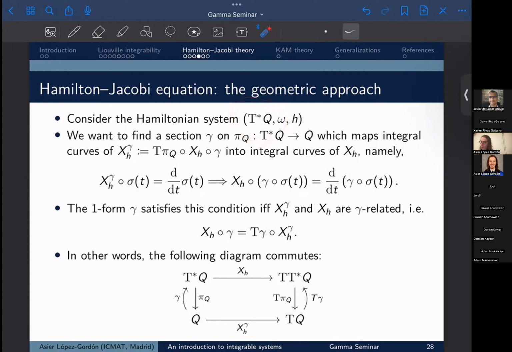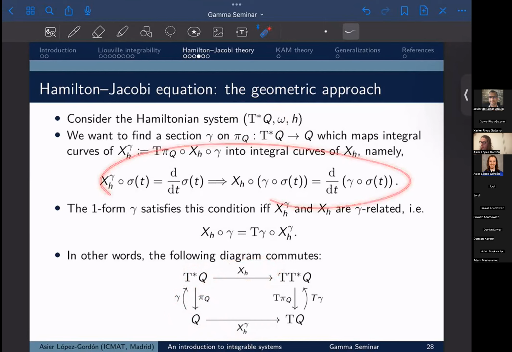But there are also Hamilton-Jacobi theories for arbitrary bundles, but whatever. The basic idea is that we want to project our Hamiltonian vector field to a vector field on Q instead of the vector field on T*Q, and we want a section of this vector bundle which allows us to recover integral curves of this vector field from integral curves of the other vector field.